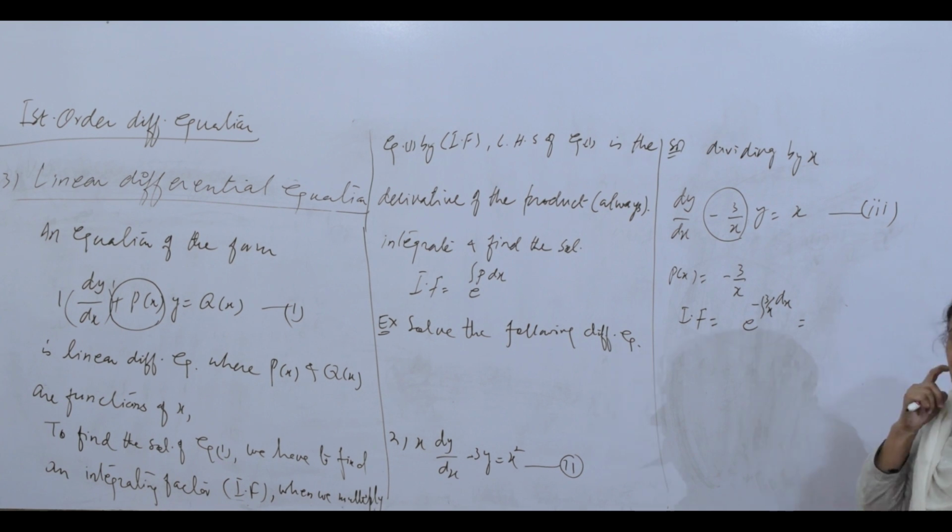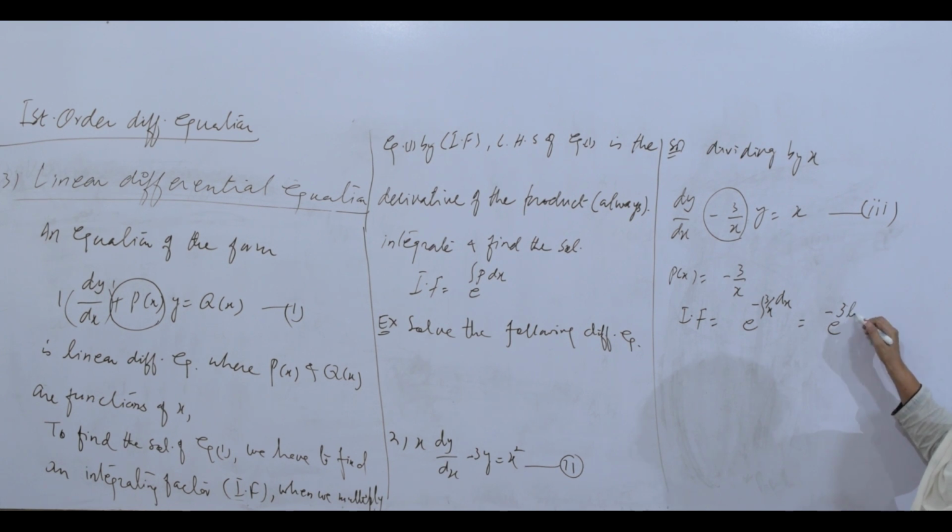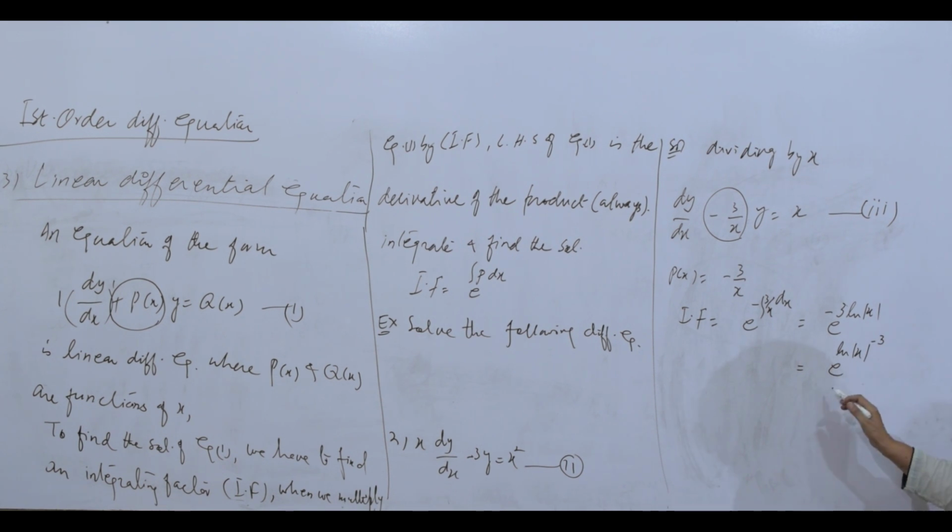This is the integral of p dx. So e to the power minus 3 outside, this is ln x, which can be written as e to the power ln x raised to the power minus 3. E and ln cancel, and you are left with 1 over x cubed.